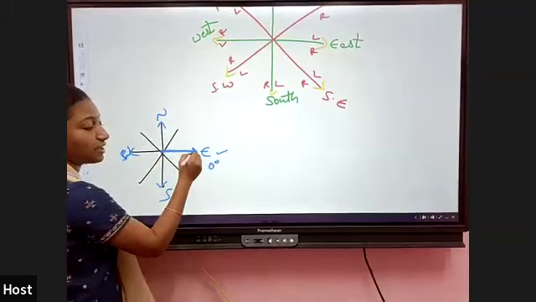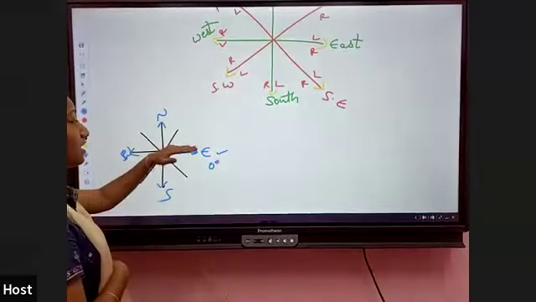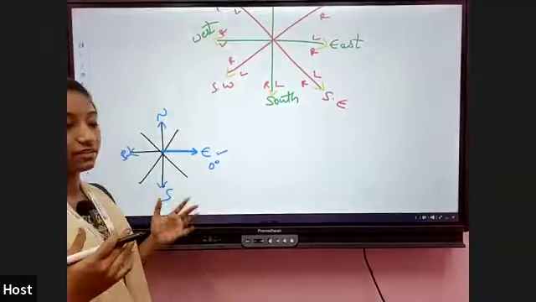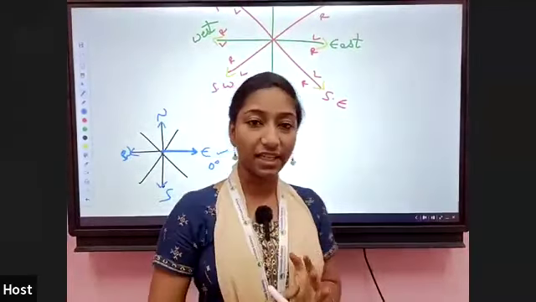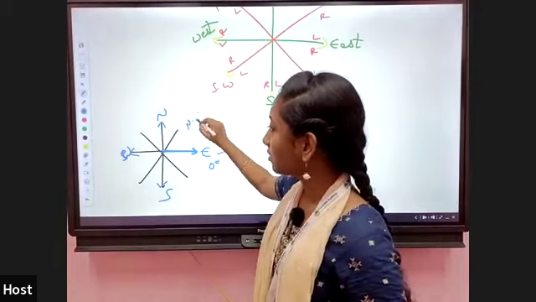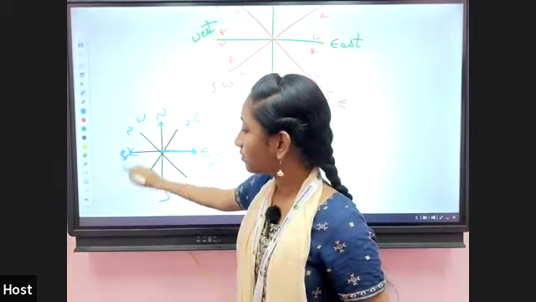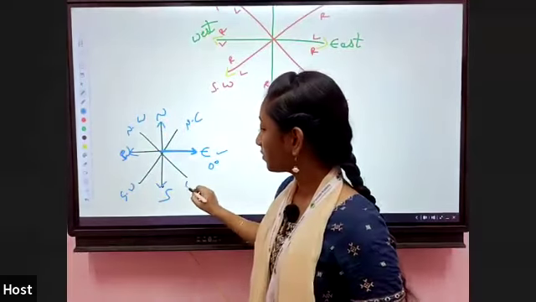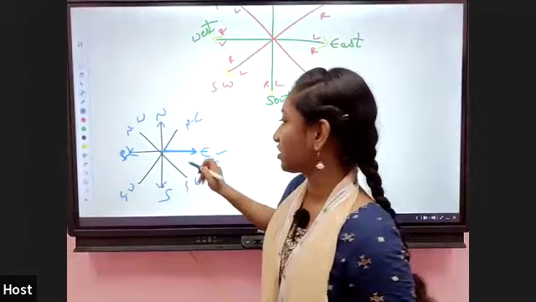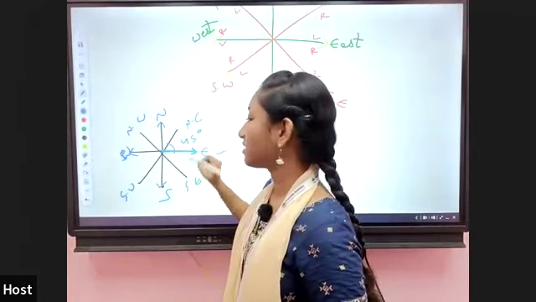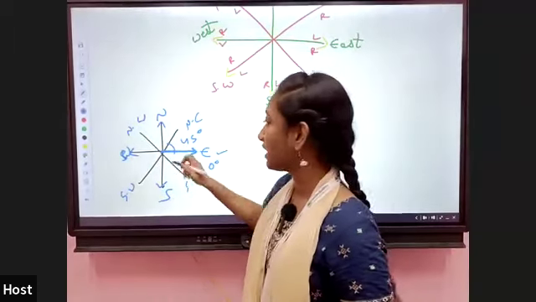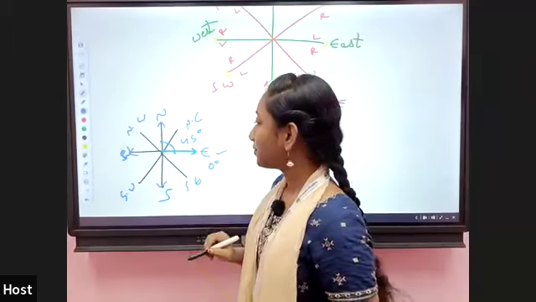We are starting from east. This is 0 degree. You should keep in mind that the angle between the main direction and the cardinal direction is 45 degrees, and the angle between one main direction and the next main direction is 90 degrees.